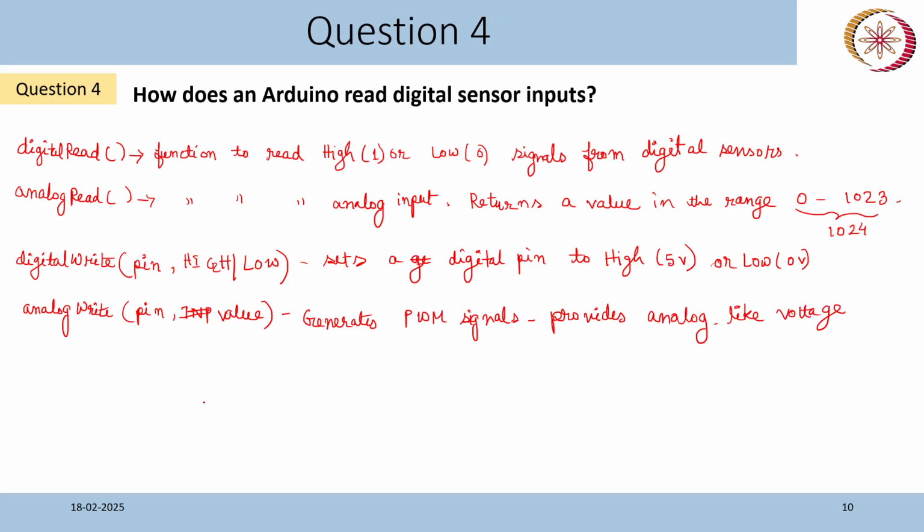There are a few pins, you can check which ones are the PWM pins, and the values can be between 0, which will give 0 volt, to 255, which is the 5 volt maximum, so there are 256 values in total.